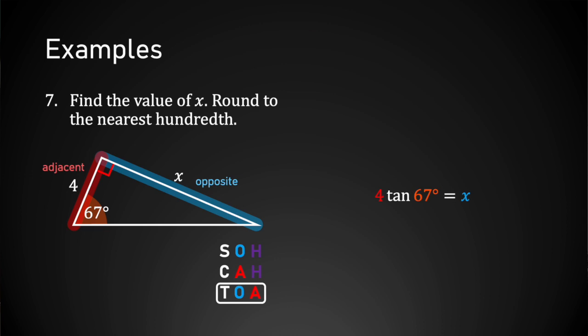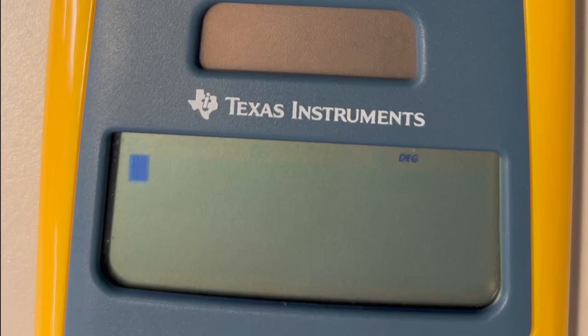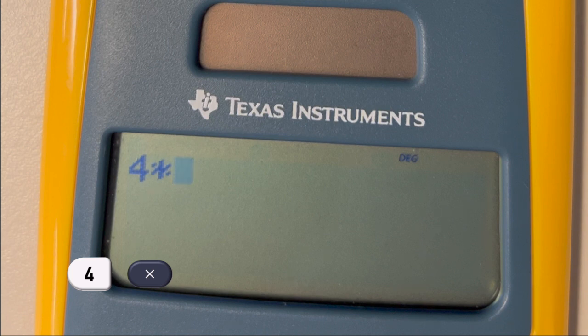Now we're going to use a calculator to find the decimal approximation. On our classroom set of yellow calculators, you're going to just type it in from left to right. So 4 times, then when I press tangent, notice that it automatically puts an open parenthesis. That's why I showed you that notation a billion slides ago.